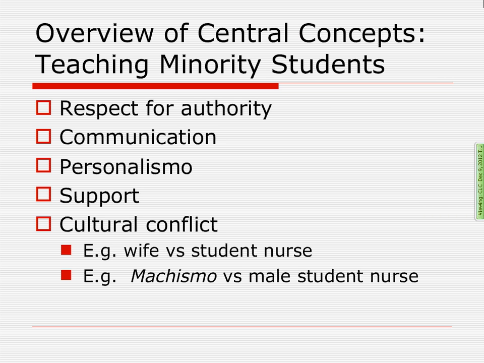For example, we want to be a professional student, nurse, etc., but we're also a wife and mother, and there might be some kind of a conflict there because our families expect us to do everything. And then the machismo versus male student nurse. We have a lot of male students in our program.